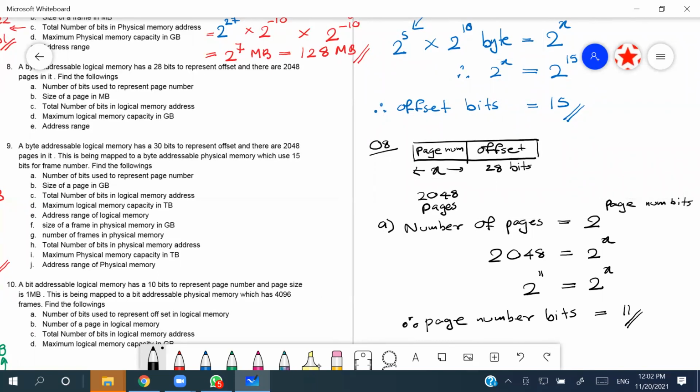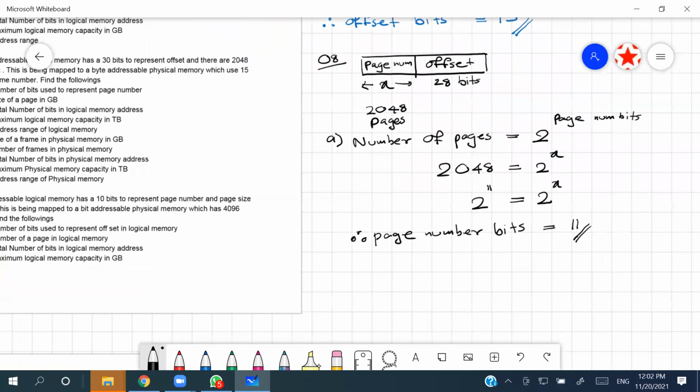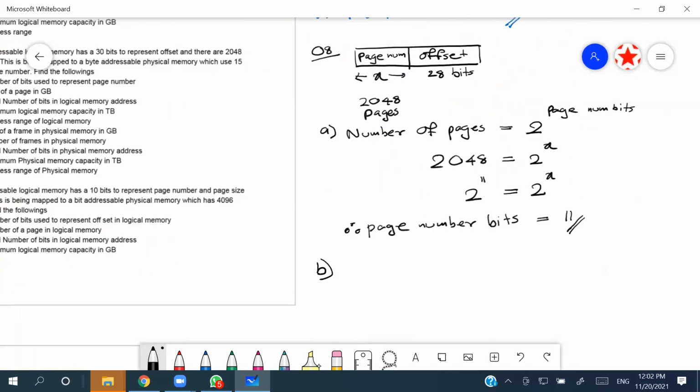Then it is asking the size of a page in megabytes. Size of a page. So part B, page size is equal to 2 to the power offset bits. That means 2 to the power 28.